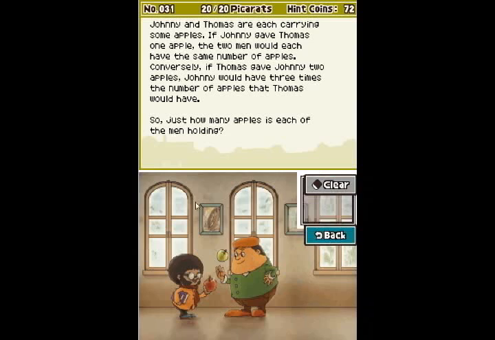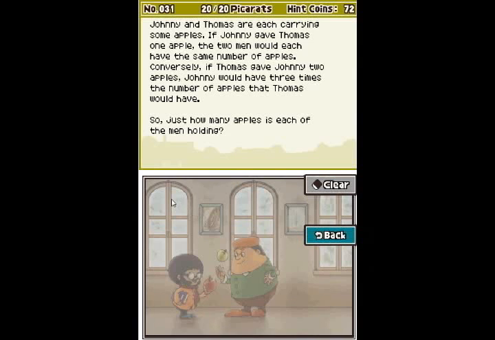Well, let's look at it this way. J minus 1 equals T. But let's see, 3T. Or no, wait. Let's set it again.